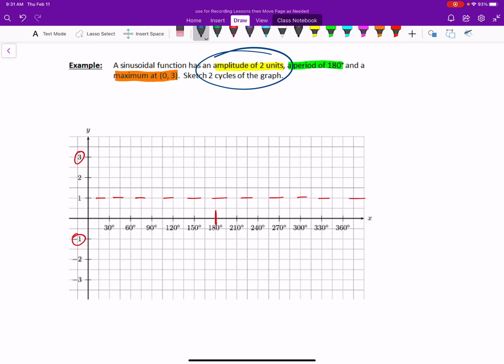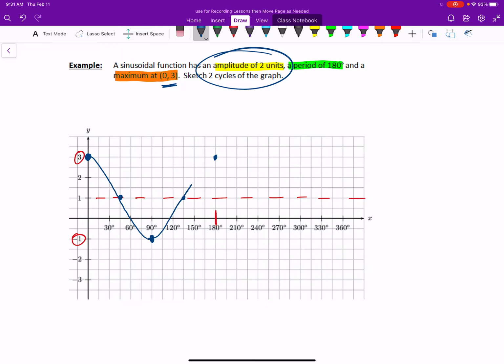It's giving us that very specific point, so it's even telling us where it starts. So if it starts there, that means if one cycle completes, it has to end there as well, and halfway between 180 and 0 is 90, so the minimum has to be at (90, -1). It's going to hit the axis of the curve halfway in between those things at 45 and 135, and so there's one cycle.